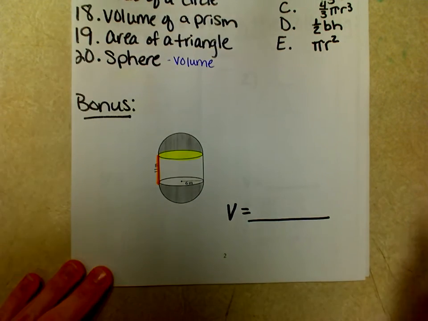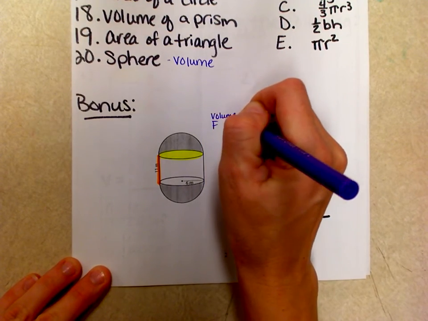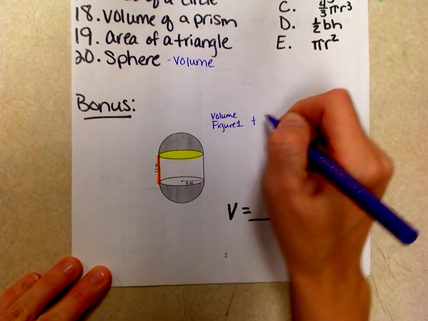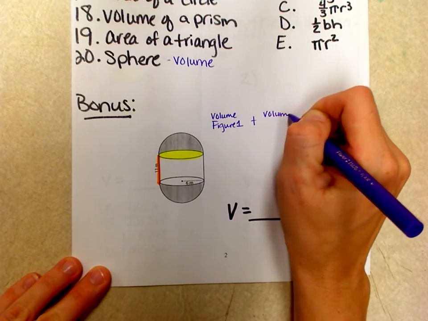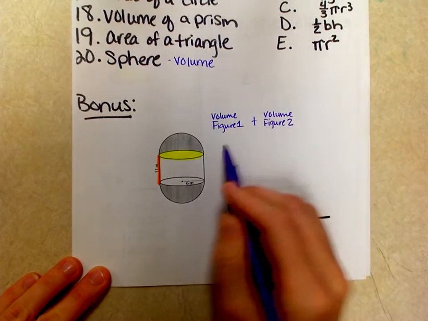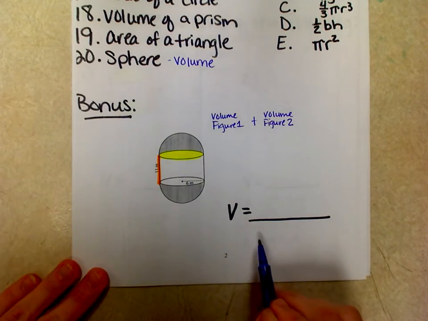And then you would have the volume of figure 1 plus the volume of figure 2. When you figure out the volume of each and you add them up together, you'll have the volume of the whole.